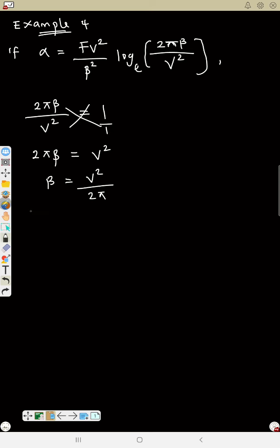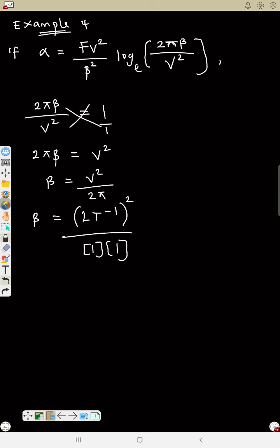Now the dimension of beta. What is v in the question? v is velocity. That means the dimension for velocity is L T raised to power minus 1, everything squared, then divided by 2 pi. Remember, 2 is a number, it will be dimensionless. Pi is also a constant, dimensionless.